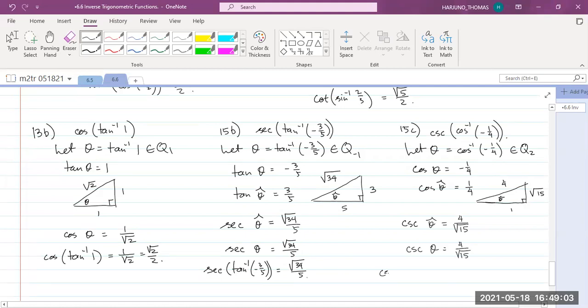To be more explicit, cosecant of cosine inverse of -1/4 is 4 over square root of 15. Rationalize the denominator. Okay.